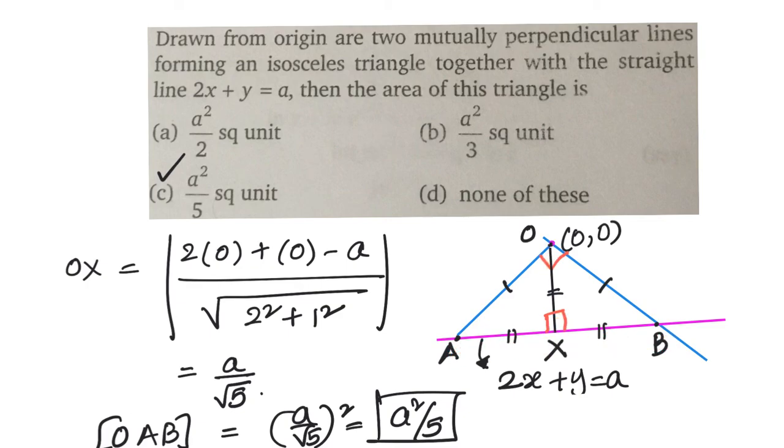How are AB and height related? When we drop a perpendicular, we form two congruent triangles, and X is the midpoint of the hypotenuse, so X is the circumcenter. So OX equals AX equals BX, or AB equals 2 times OX. So the area, half into base into height, brings down to just OX square. But OX is a by root 5, so OX square is a square by 5.